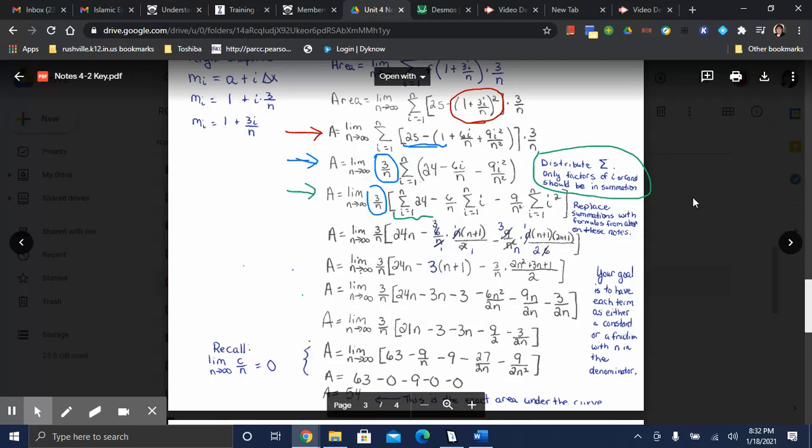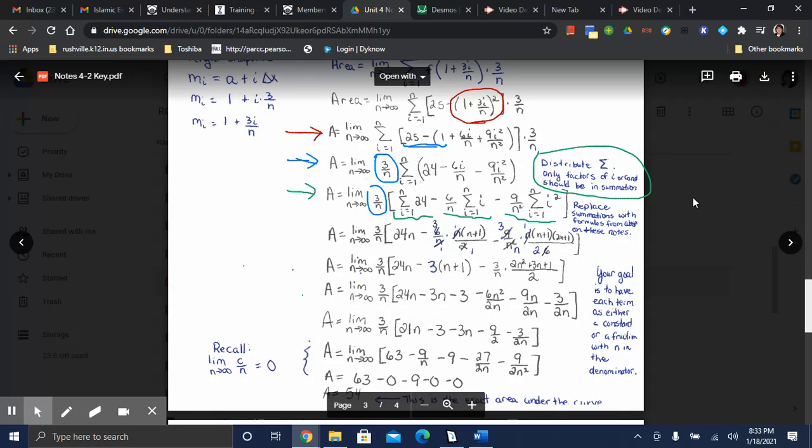Now, I am pulling out 6 over n. So notice that that is in front of the summation. And then I have the summation of i equals 1 to n of i. And likewise, I pulled out 9 over n squared, so that I have the 9 over n squared, and then the summation from i equals 1 to n of i squared.